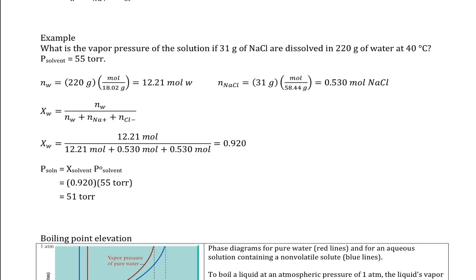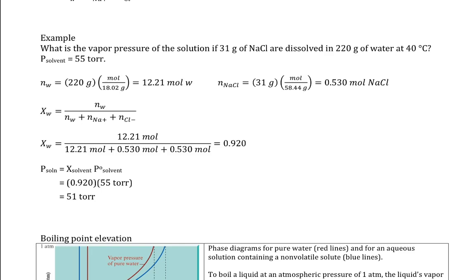Alrighty, so we figure out the moles of water, 220 grams divided by 18.02 grams per mole, the molar mass of water. That's equal to 12.21 moles of water. The moles of sodium chloride is 31 grams divided by its molar mass, 58.44 grams per mole.